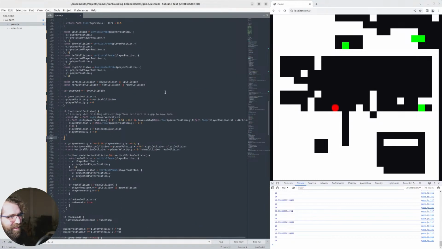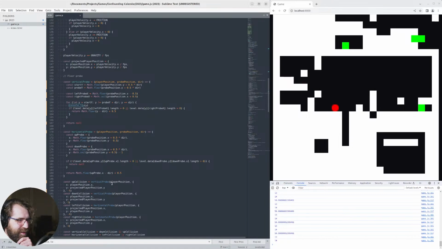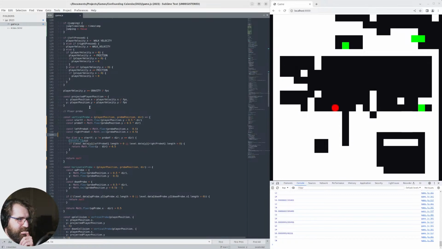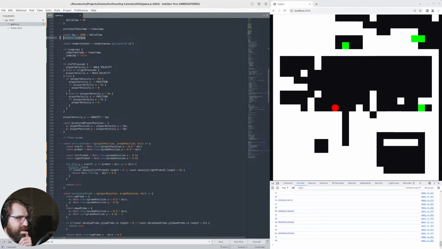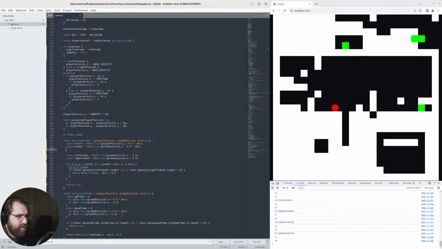We broke it. Okay, in what way? Oh gosh. Is it detecting the floor below the floor? So, vertical probe.